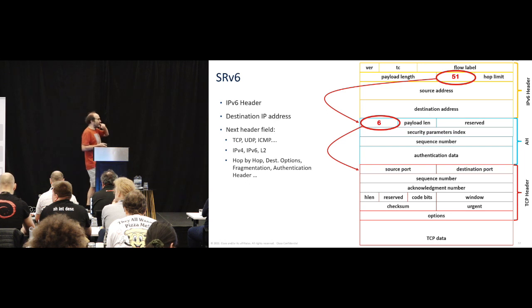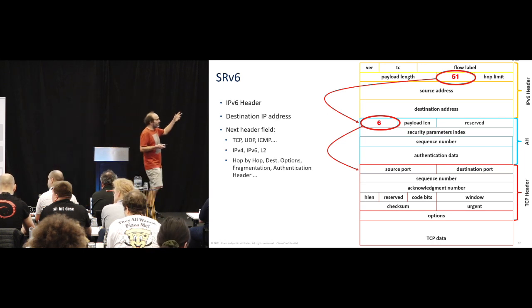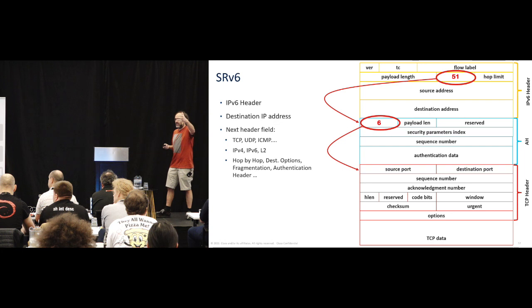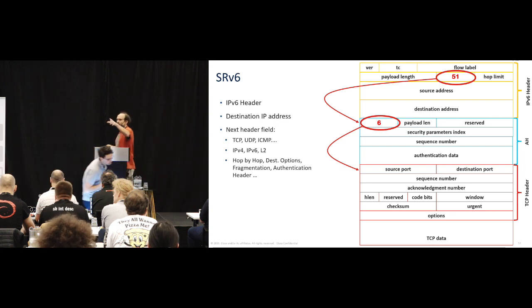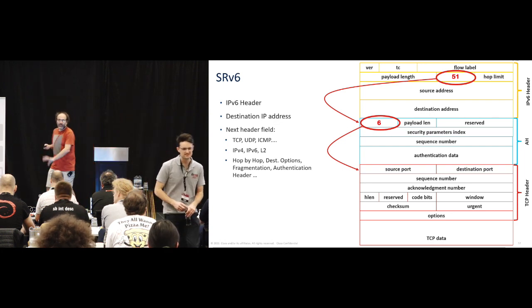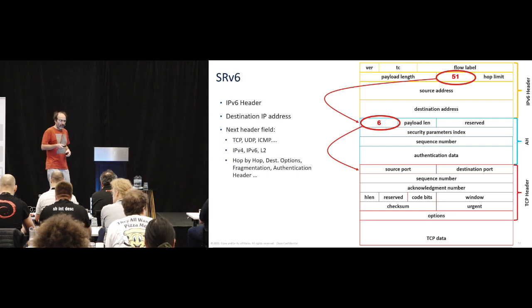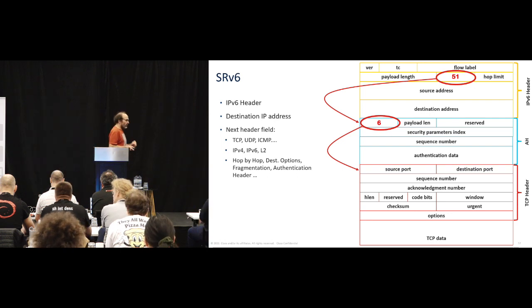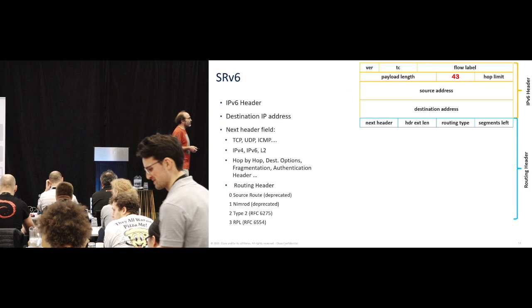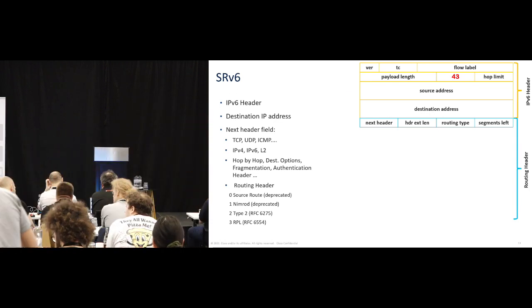Or there can be the IPv6 header, then the authentication header, then the ESP header for encryption, and then any payload. And with that concept, in segment routing we are using what is called the routing header.